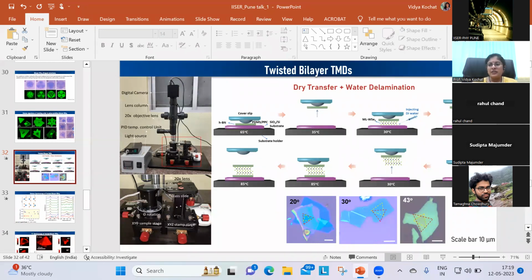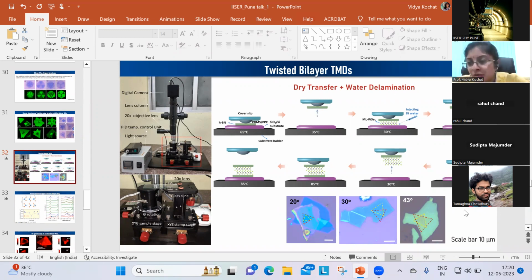Actually, if we inject DI water, then it is 100%. Okay, so without DI water, it's difficult. It is difficult. Injecting DI water loosens the interaction with the substrate, so it gets easily picked up with the other 2D material.